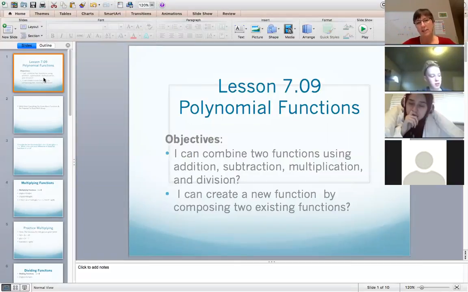When we're done, I want you to be able to combine two functions using addition, subtraction, multiplication, or division. And I want you to be able to create a new function by composing two different existing functions. And those, I think, might be some of the trickiest.